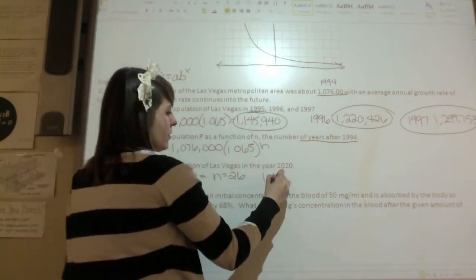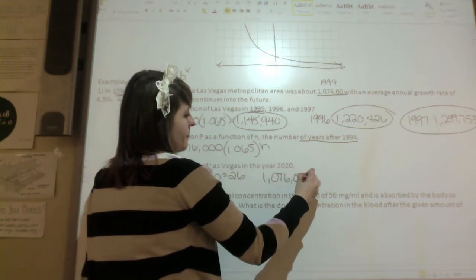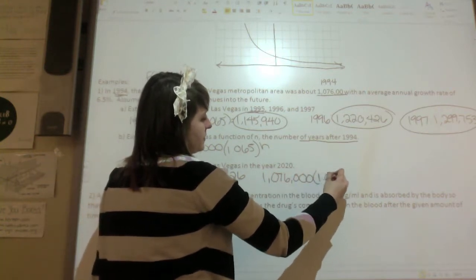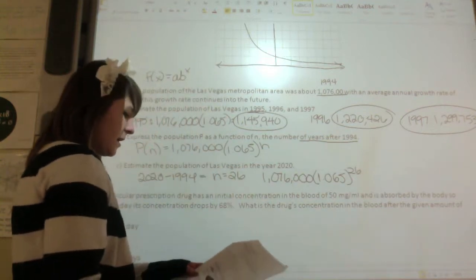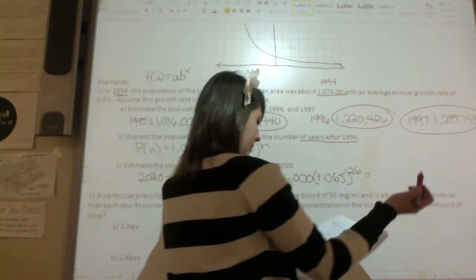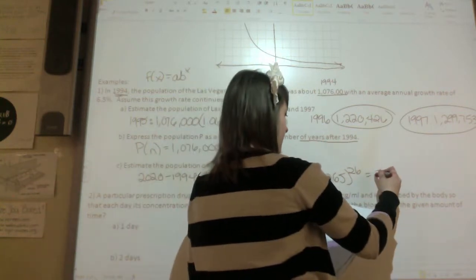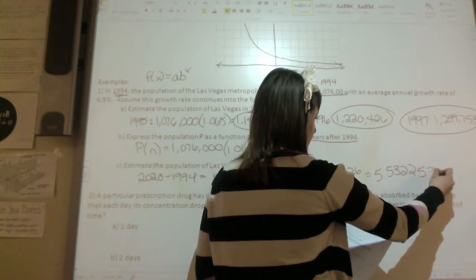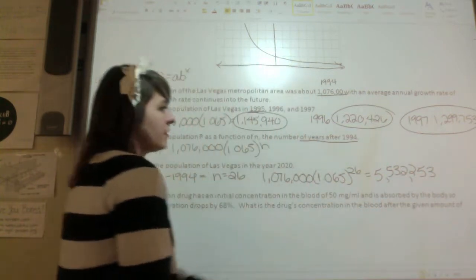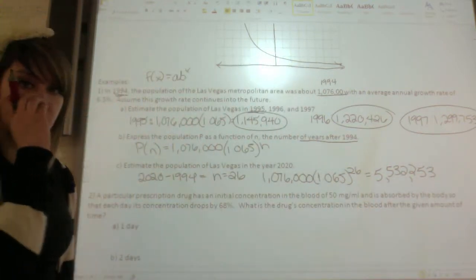So I'm going to take 1,076,000 times 1.065 to the 26th power. I'm going to plug that into my calculator. And when I do that, I get 5,532,253.